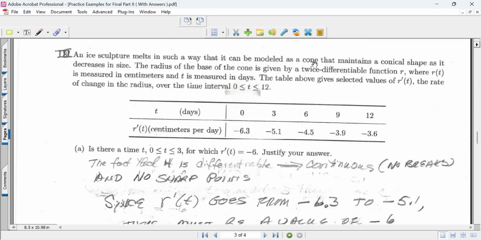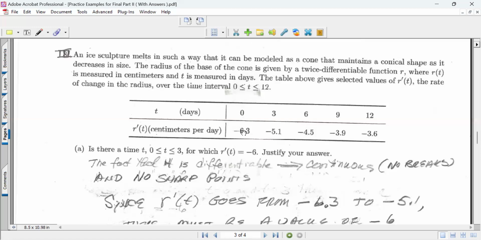Now, question A, we have a table here. This is days, day 0, day 3, day 6, day 9, day 12, and the rate the radius is changing. It's measured in centimeters per day. So it starts out day 0, it's changing at minus 6.3.